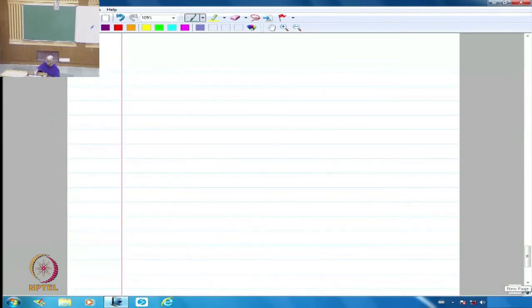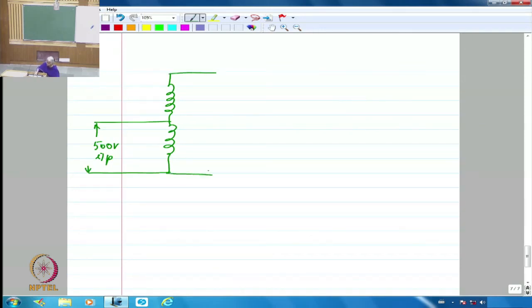So I have 200 volts, then this is 500 volts, and what we are giving is a 500 volts input. And on the secondary side, this is 200 volts and this is 500 volts, so what we have got is 700 volts.